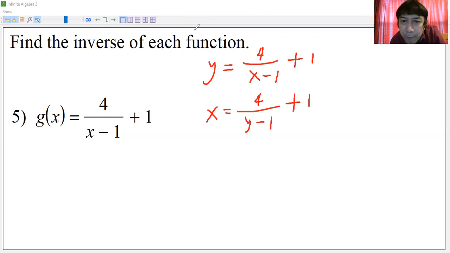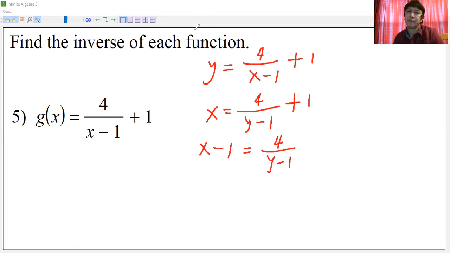So what we need to do is solve for y here. Let's transpose the 1 first. So we will have x minus 1, and this will be 4 over y minus 1.